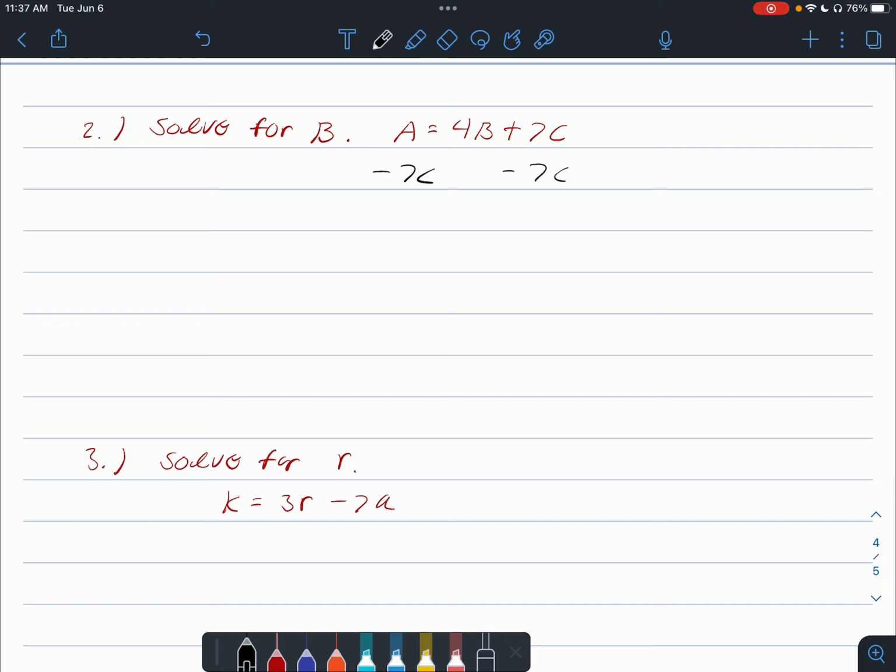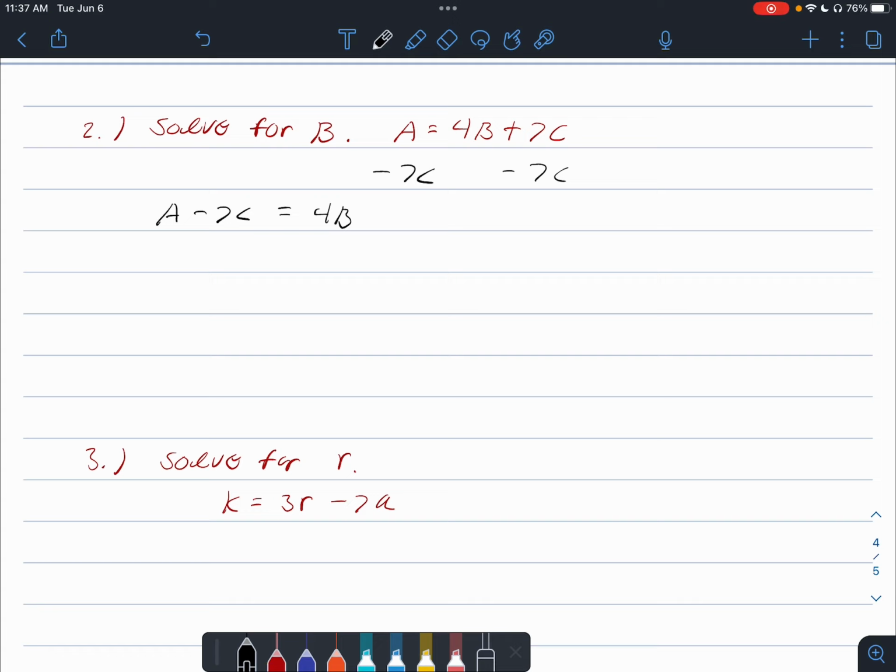And what we get now is a minus 7c is going to be equal to 4b. This is because subtracting 7c on the right side will eliminate the 7c that we had. So we have 4b is equal to a minus 7c.